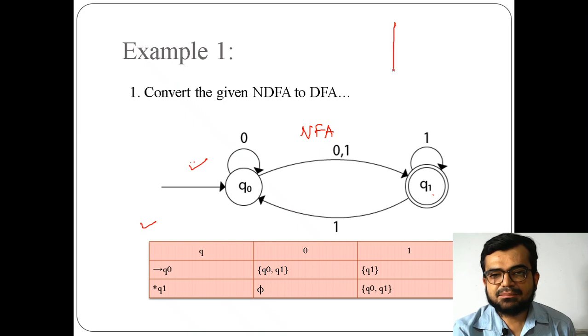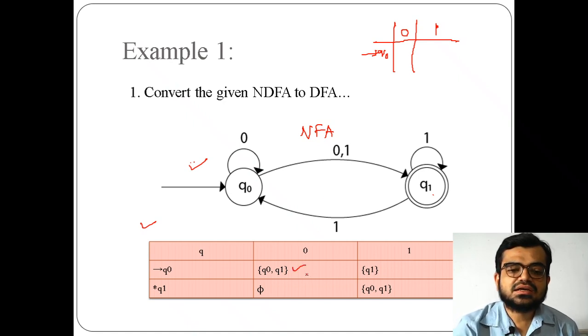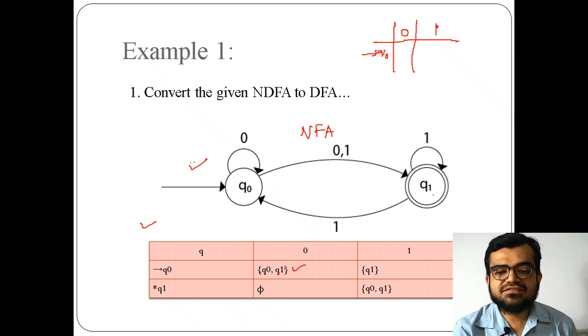For example, the inputs are 0 and 1, and the initial state is Q0. Now on the input 0, Q0 is going to either Q0 or Q1, but this violates the property of DFA. Q0 and Q1 are two different states, but a DFA will accept only one state for a single input.